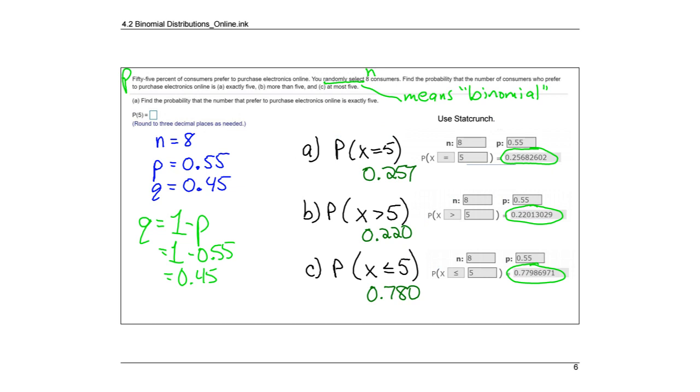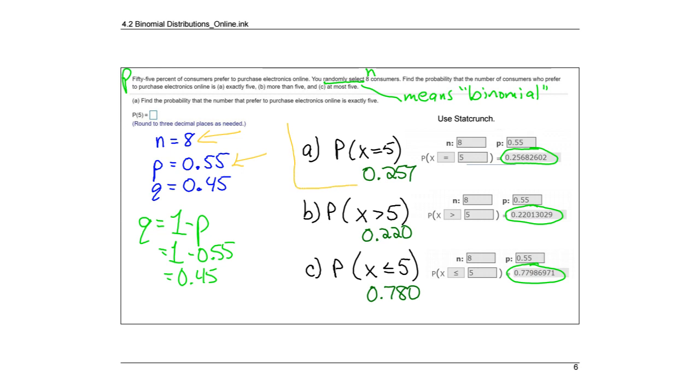Okay, so we have 55% of consumers prefer to purchase electronics online. Awesome. That means that P is equal to 0.55. You randomly select 8 consumers. That means N is 8. And we want to find the probability that the number of consumers who prefer to purchase electronics online is exactly 5.